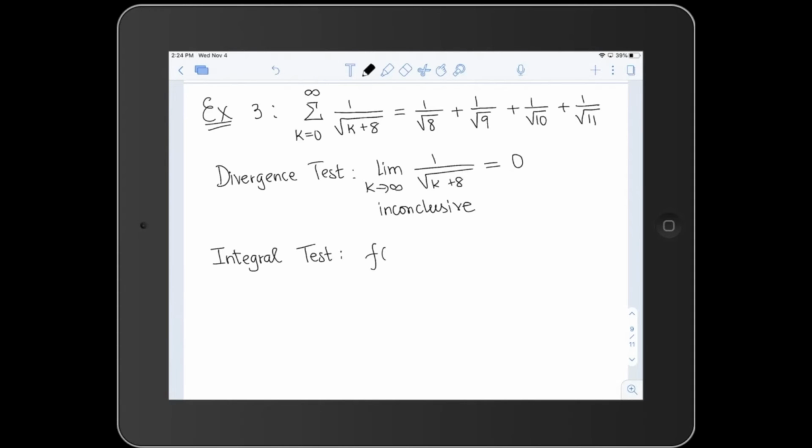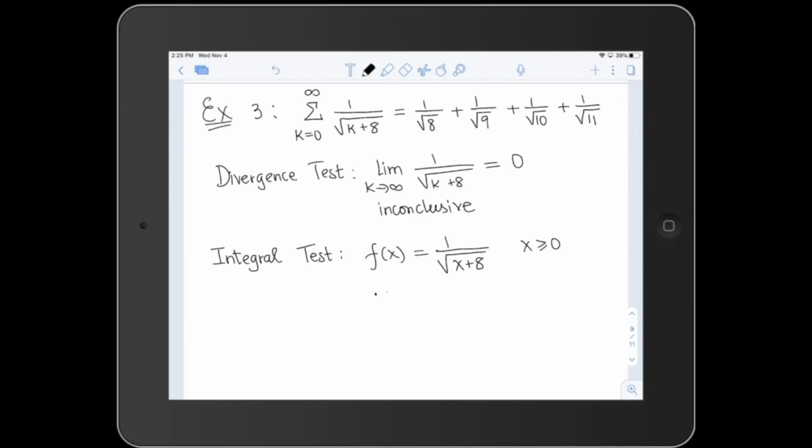We're going to take a look at the function 1 over square root of x plus 8. It is continuous because we start at x equal to 0, so x is equal to 0 and bigger. We have a discontinuity at -8, but that's not in the range of values we're considering, so we're good to go.